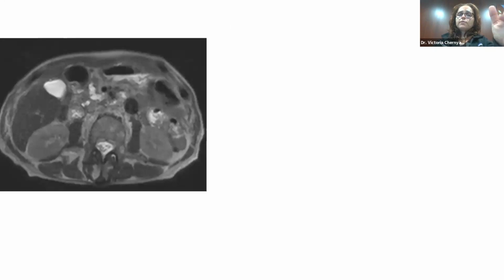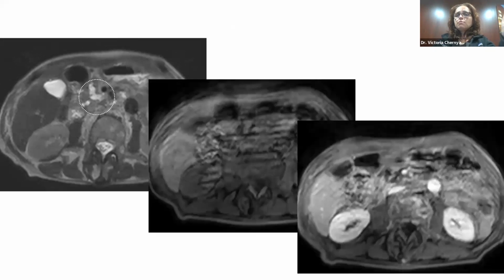Here's an example of a patient with a cystic lesion in the pancreas. The patient was unable to hold their breath at all. This is a pre-contrast and post-contrast T1-weighted image. Because of all the motion artifact, it's very difficult, if not impossible, to say for sure if this lesion has enhancing components or not.